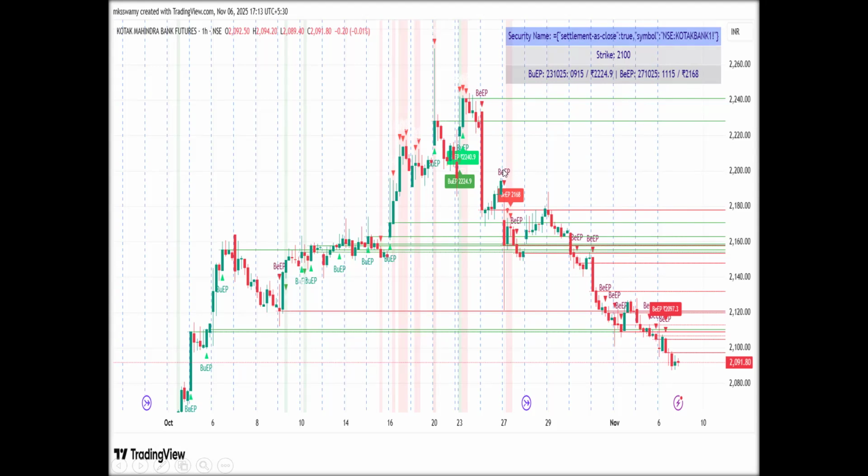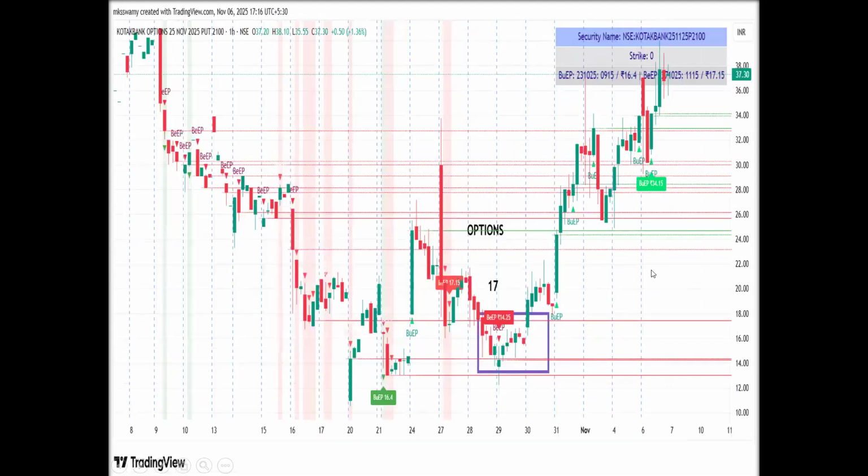Then you can see that after this bearish EP reflection, Kotak Mahindra Bank has gone down, even with episodes of upmove in between. The direction is clear. Even on the options, it is very, very helpful.